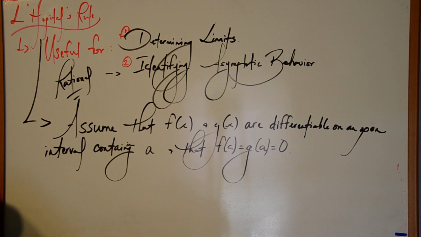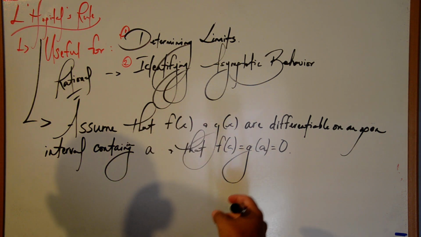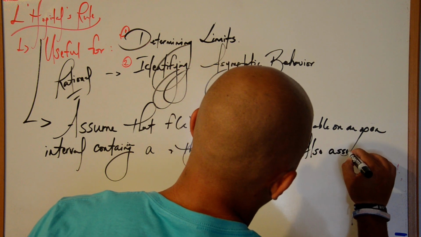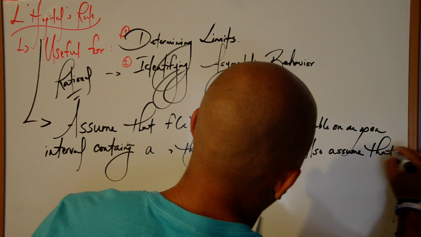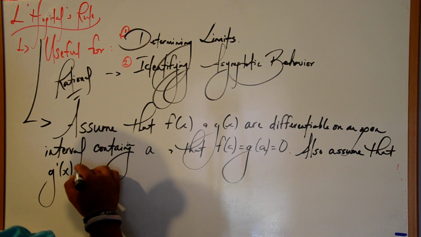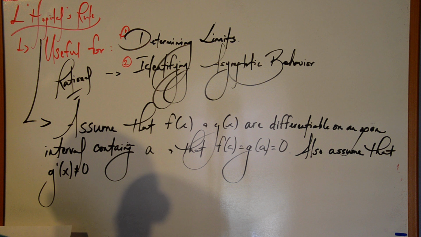And why is that important? Right, because we're assuming we have a rational function here. Also assume that g prime of x does not equal 0, except possibly at a.